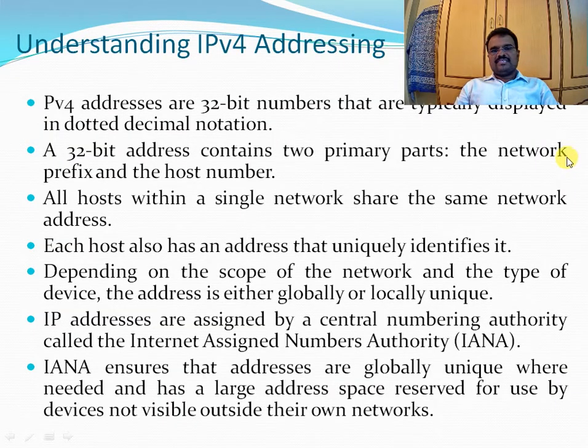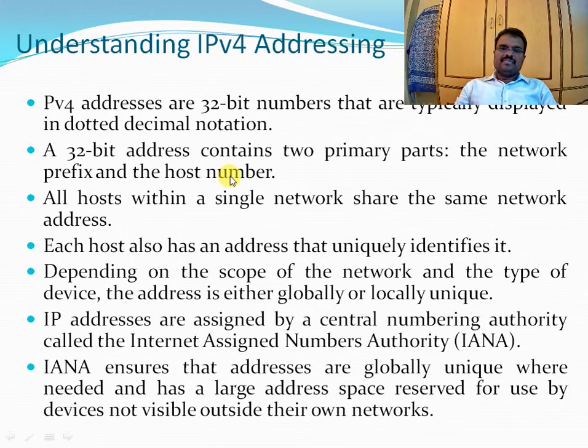IPv4 addresses are 32-bit numbers and are typically displayed in dotted decimal notation. The representation of these 32 bits in the IPv4 address is called dotted decimal notation.